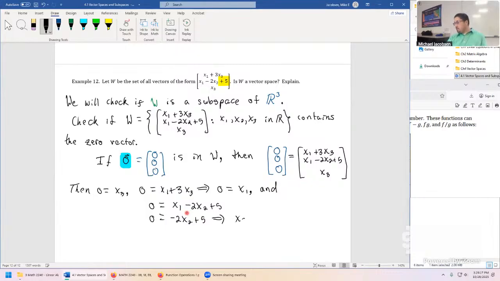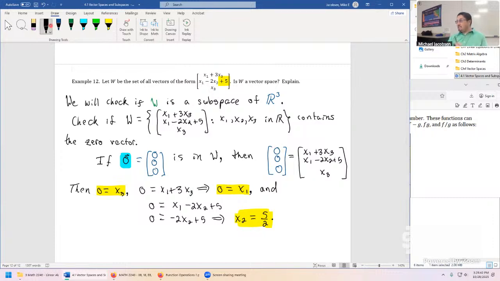This implies x2 is going to be, subtract 5, divide by 2, 5 halves. So there's a way to get the zero vector. You pick 0 is x3, 0 is x1, x2 is 5 halves, and you put the zero vector inside the set. This is consistent as a vector equation, in other words.